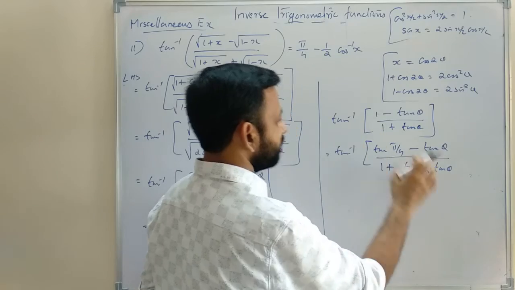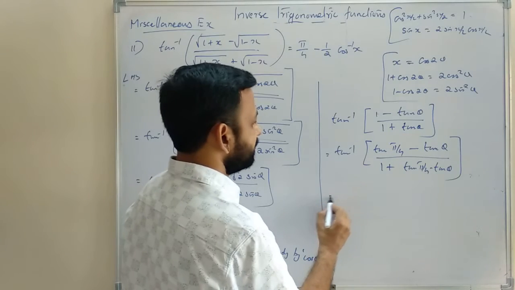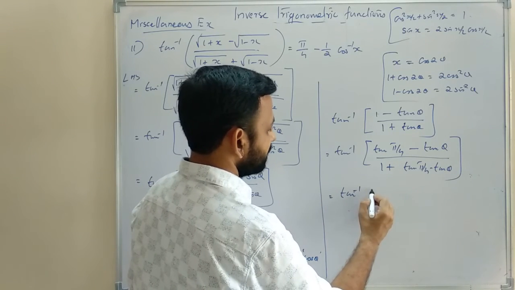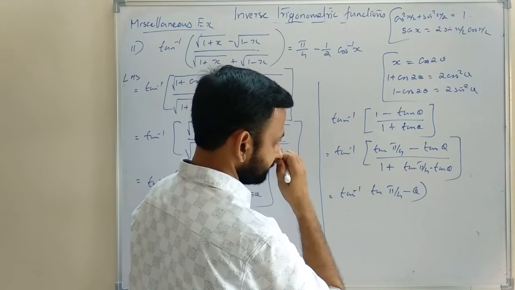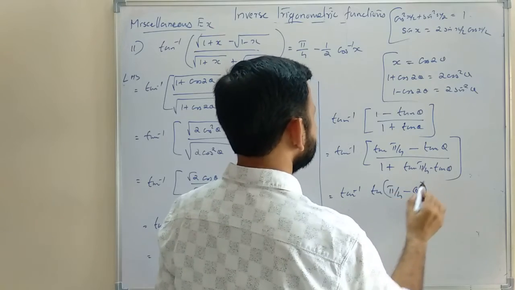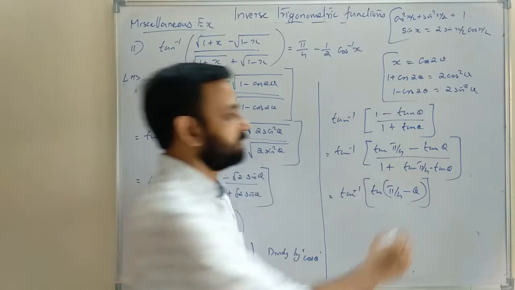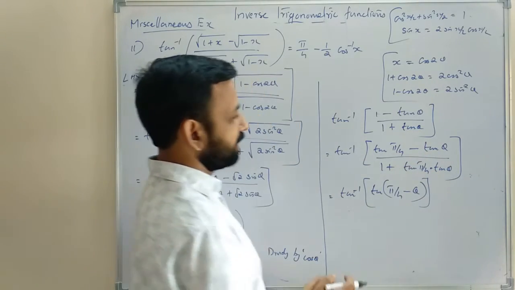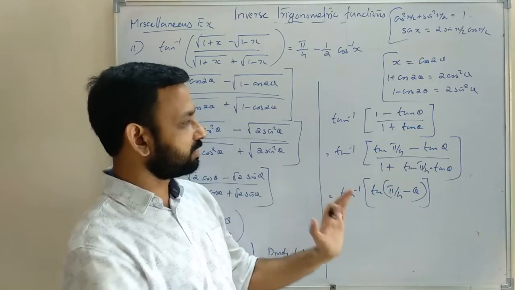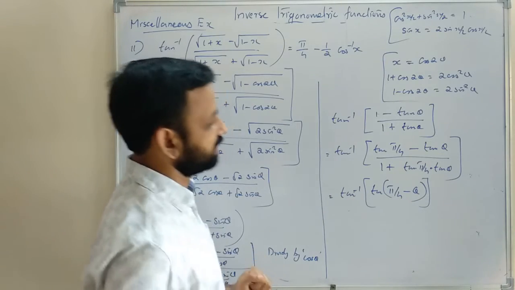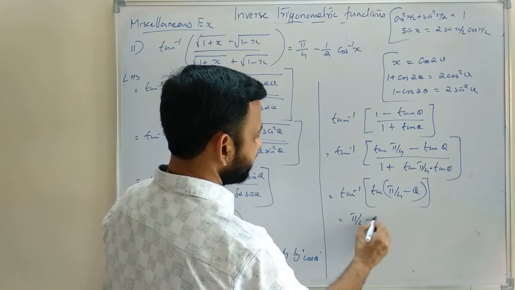Now we got tan A minus tan B divided by 1 plus tan A tan B, that is tan of (A minus B). Here A is equal to pi by 4 and B equal to theta. So tan inverse tan of (pi by 4 minus theta) is equal to pi by 4 minus theta.